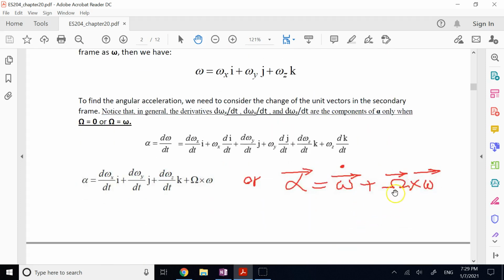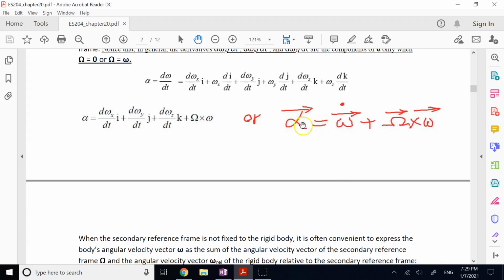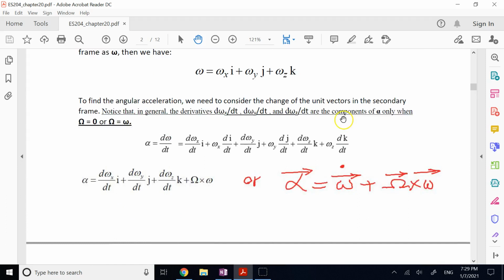And so here you're going to have a small omega cross a small omega, which is what? 0. Okay? So in two cases, the simple formula that we had, alpha equal omega dot, is the case.